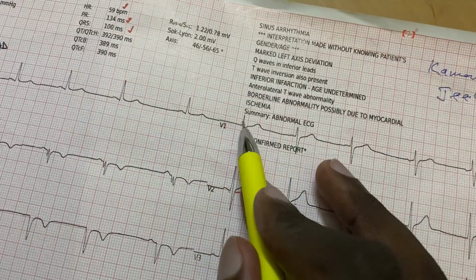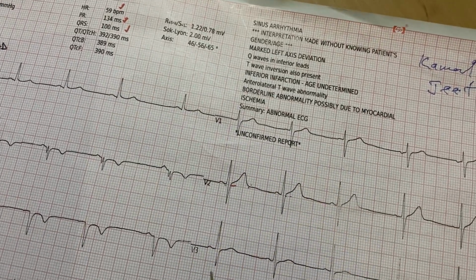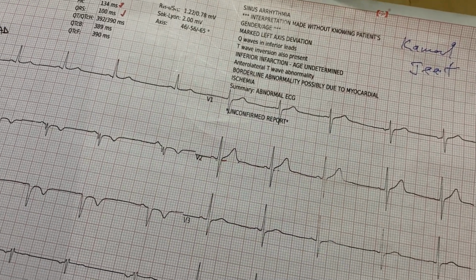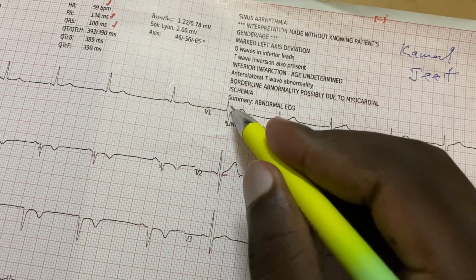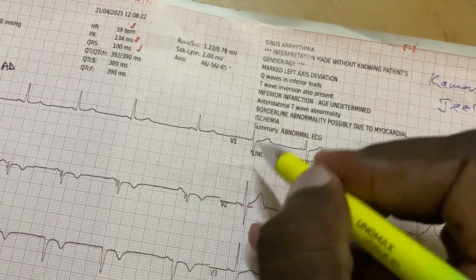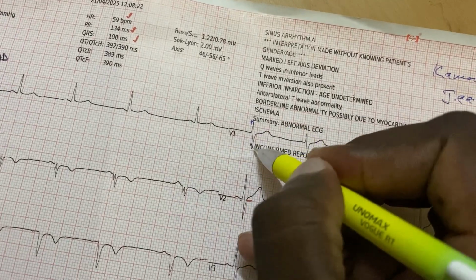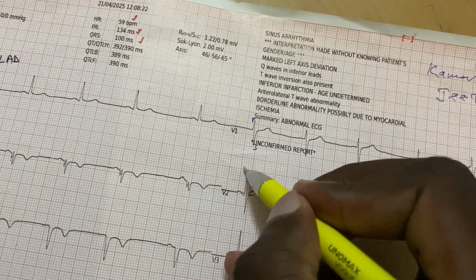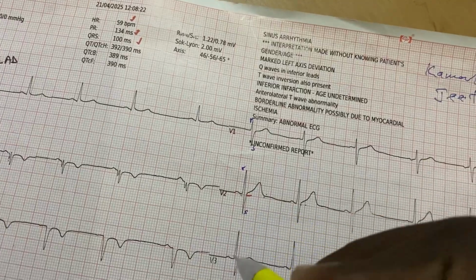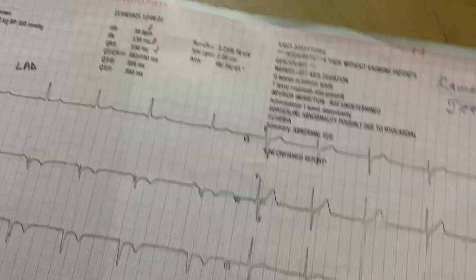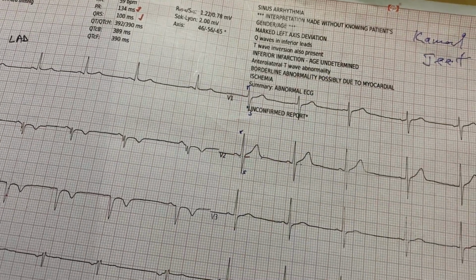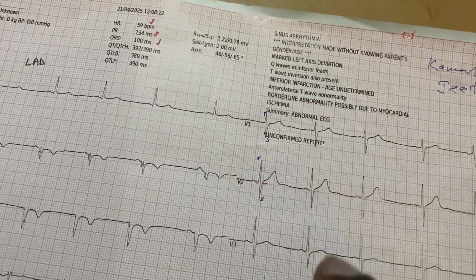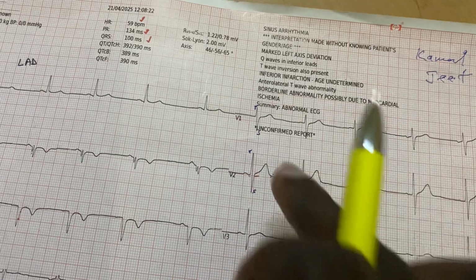In V1, V2, V3, V4, V5, V6, we said in normal ECG, we should have increase in R wave. This is R, this is S. R, S, R, S. So we should have an increase in R wave as you move from V1 to V6, and a decrease in S wave as you move from V1 to V6.